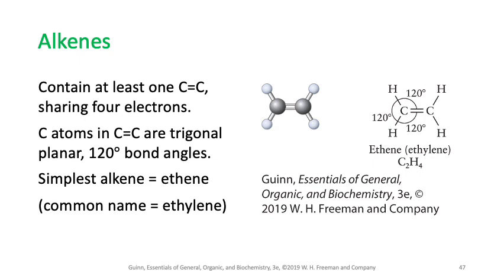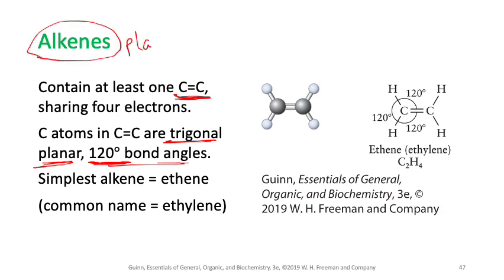Alkene, we already talked about it, contains at least one carbon-carbon double bond, and the structure around this carbon-carbon double bond is trigonal planar, and we already know that if the structure is trigonal planar, the angle is 120 degrees. So that means alkene is a planar structure, right?